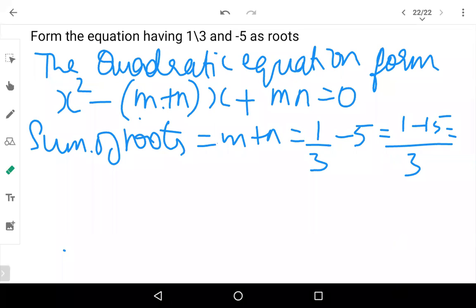m plus n is minus 14 by 3 and m into n is minus 5 by 3.